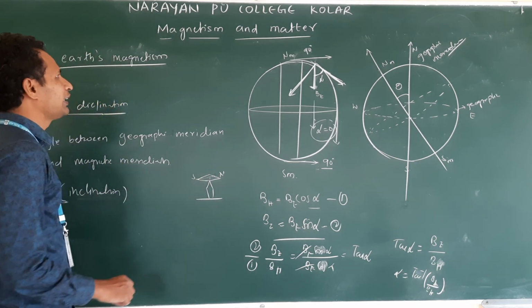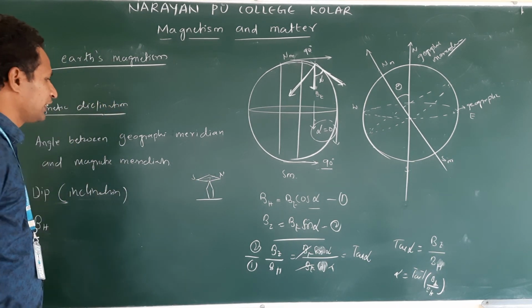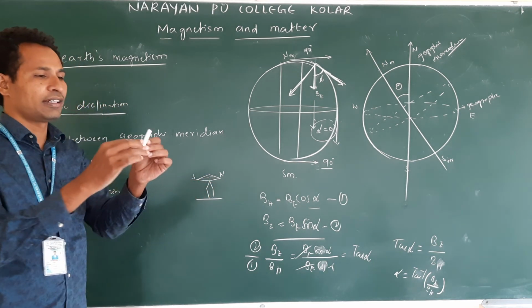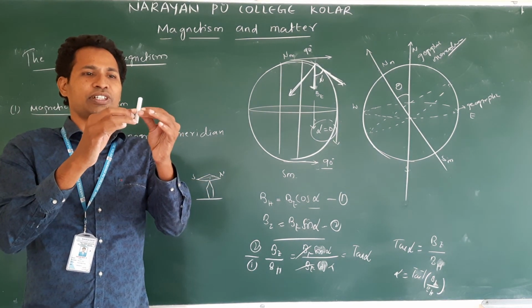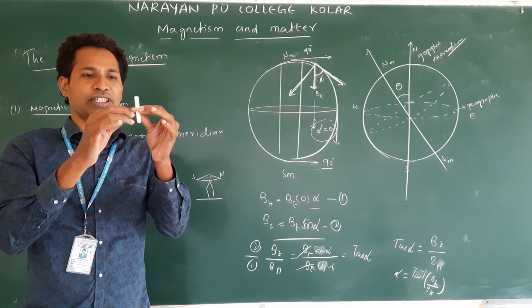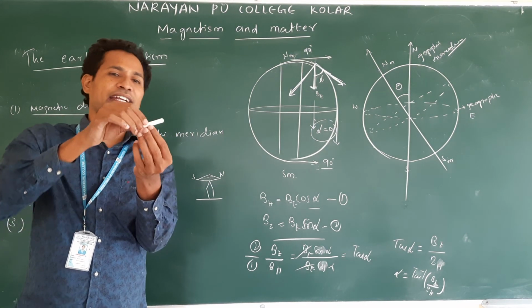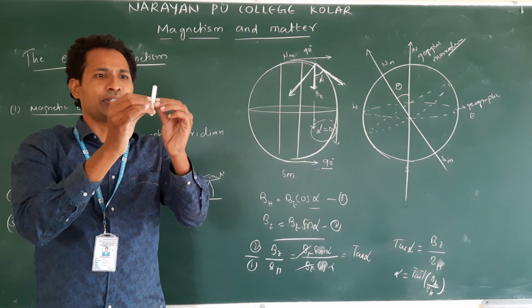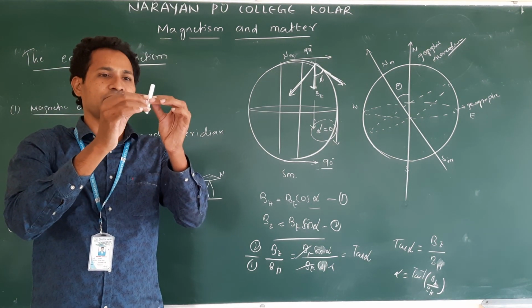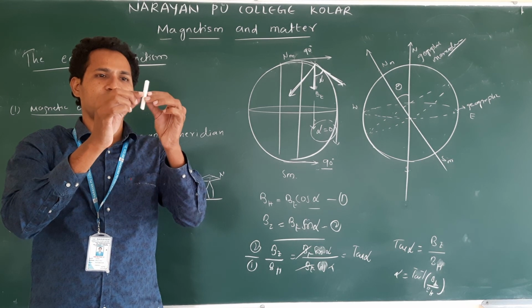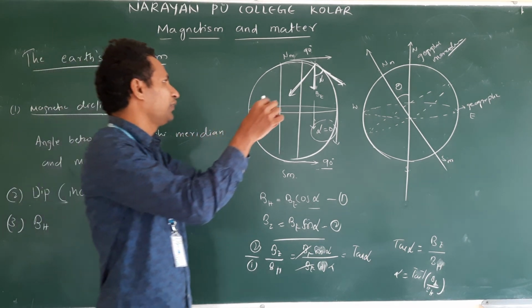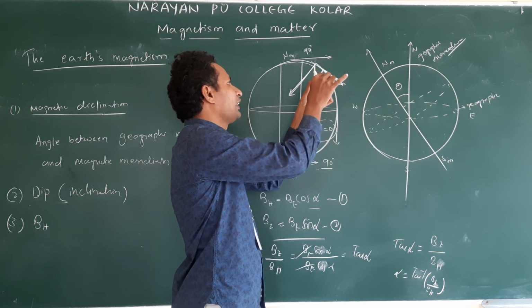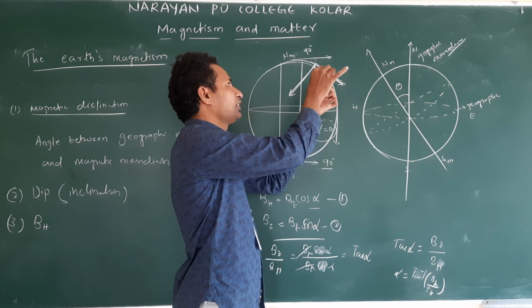But in the dip meter, what is there? The same magnetic needle, not pivoted like that. It is placed like this. It is rotated vertically like this, free to rotate. Understand? The magnetic needle is free to rotate on the tip, but in the dip meter it will be fixed like this. It rotates vertically. So everywhere, if you place it like this on the earth, it rotates in the direction of the magnetic field, vertically.